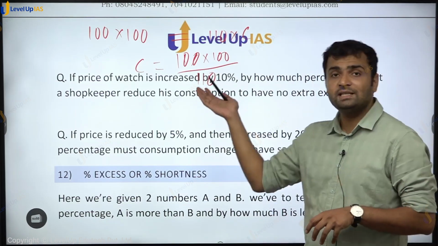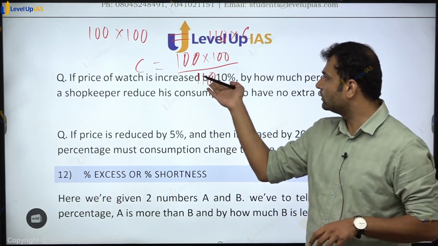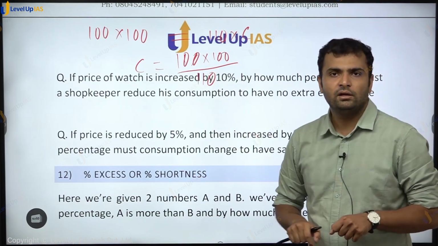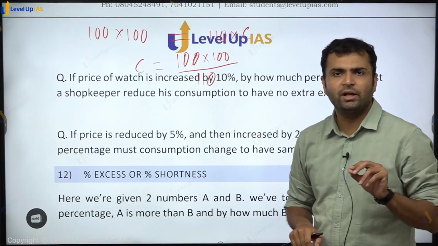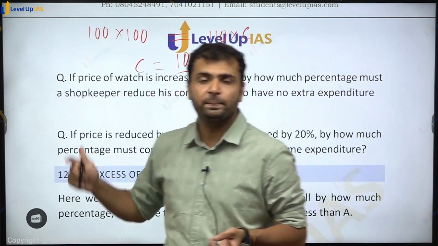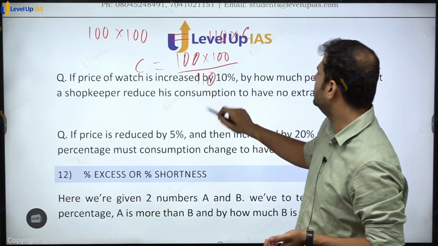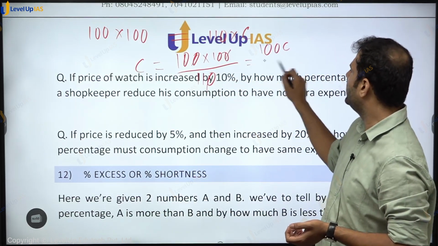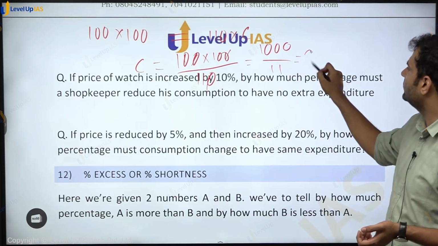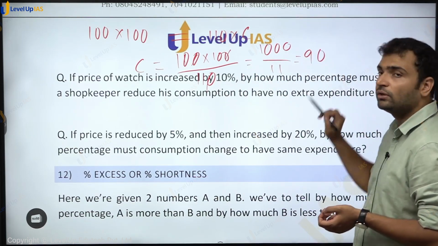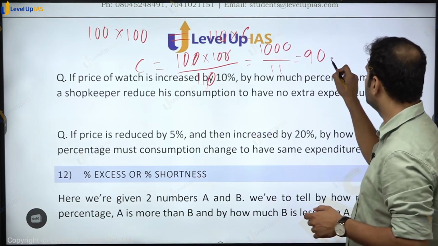It will be obviously less than 100 because ये 110 से नीचे division में 110 है ना? So this quantity will be less than 100. तो कितना कम expenditure करना पड़ेगा? That is the percentage reduction as well, because we have started from 100 consumption. तो ये जो भी quantity आएगी, you can reduce this 10 and 10. This is 1000 by 11, which is equal to this 11 9s are 99, 10, 11 0, and again 0.9.